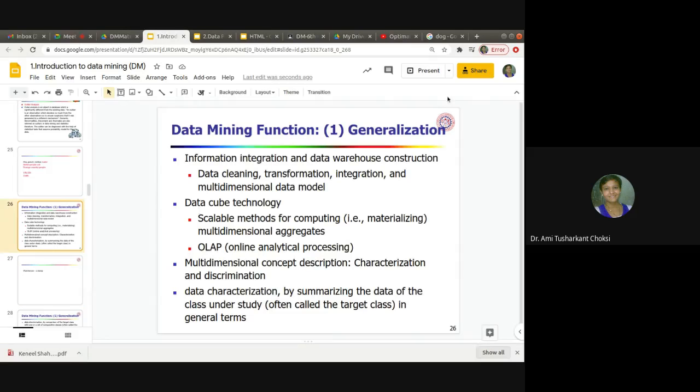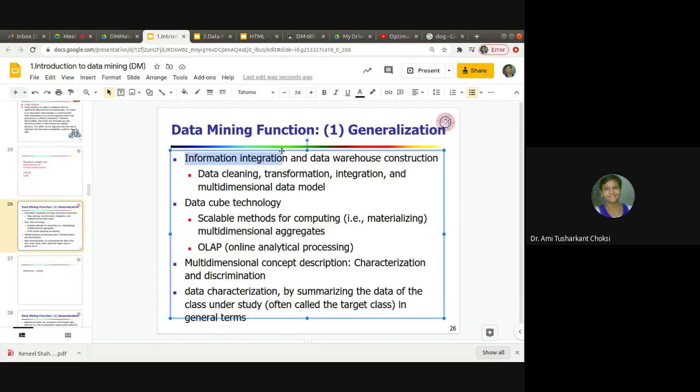So we are talking of generalization, wherein information integration is there. Say database 1 is MySQL, the second one is Oracle, the third is flat files. We are integrating them to have the data warehouse, right?